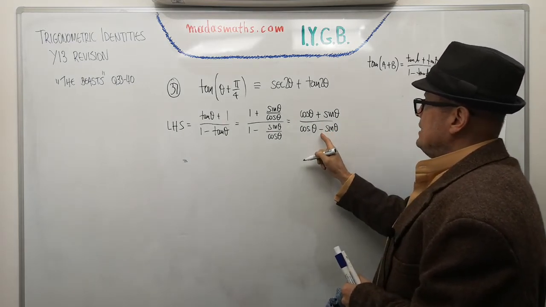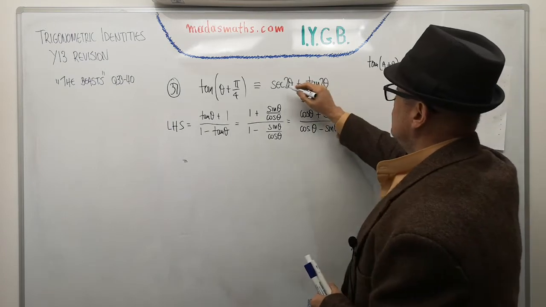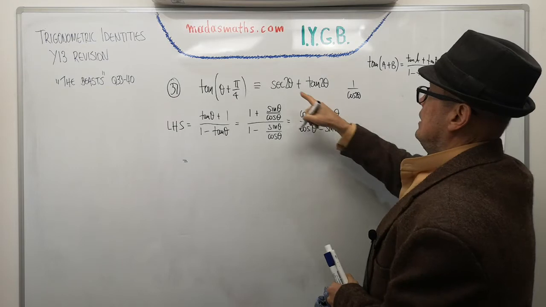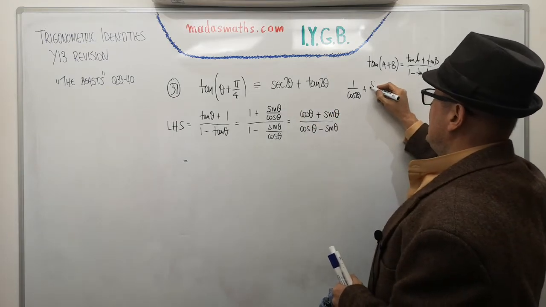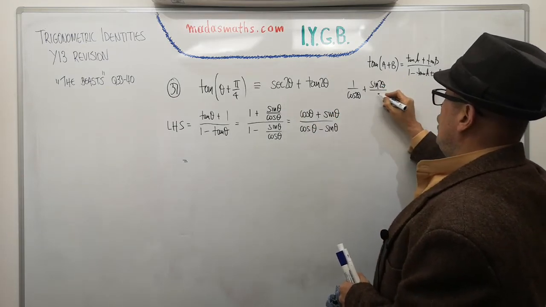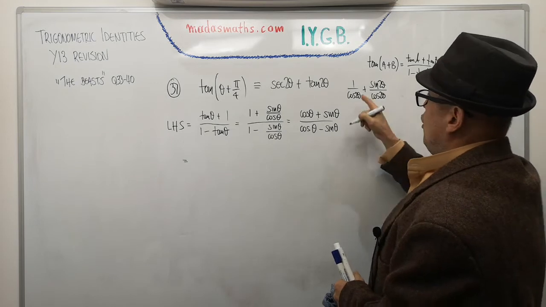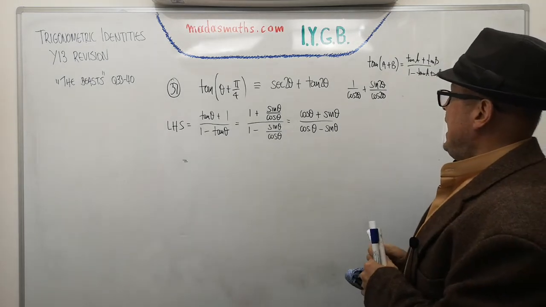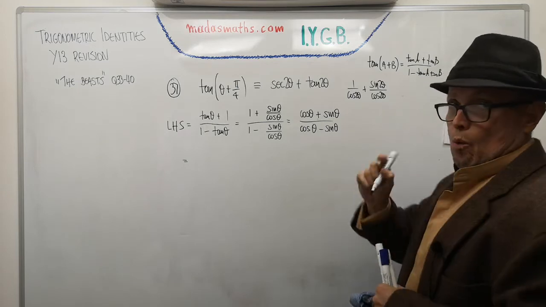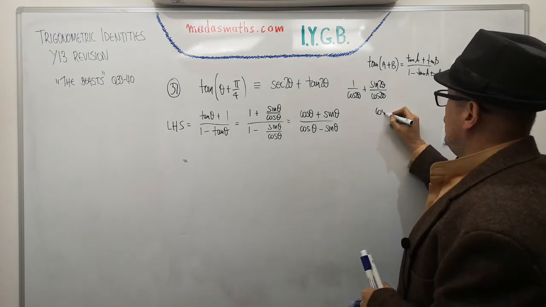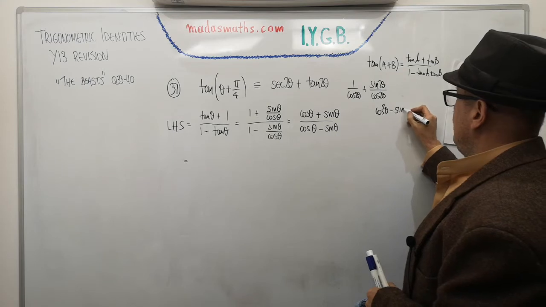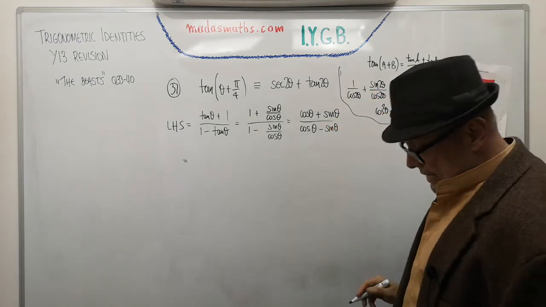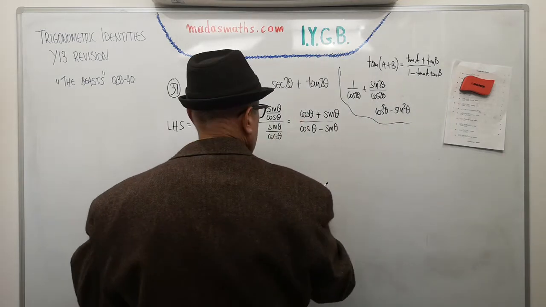If you look at what these things are, this is 1 over the cos of 2 theta, that's your sec of 2 theta, plus sine 2 theta over cos of 2 theta on the same denominator. Essentially, they both have cos of 2 theta. And the cos of 2 theta, one of the versions, is cos squared theta minus sine squared theta. So keep this in mind, and this motivates my next step.